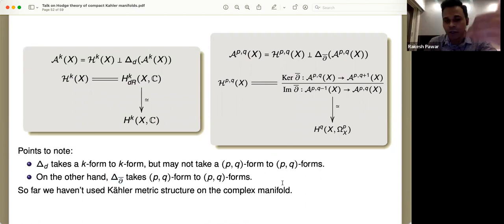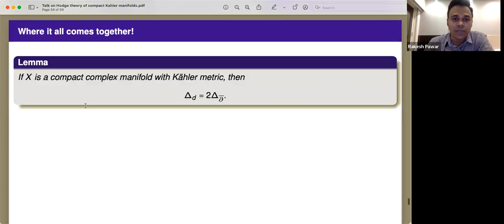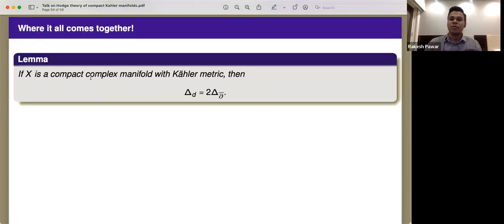So this is where I have to use the Kähler metric structure on the complex manifold. Up till now everything is fine for a complex manifold with a Hermitian metric, but now let's assume you have a compact complex manifold with a Kähler metric.